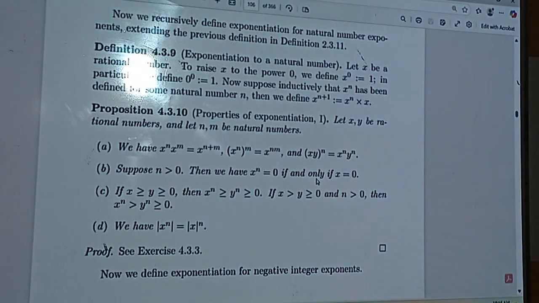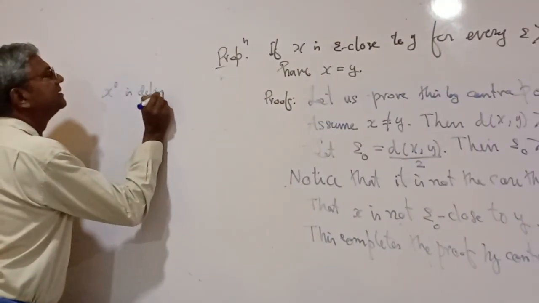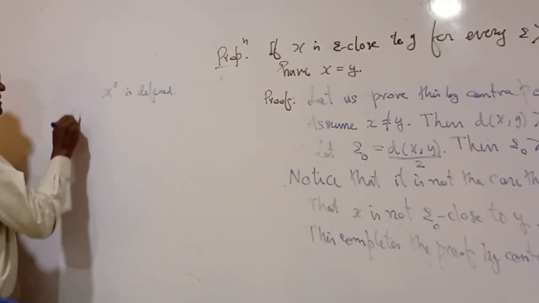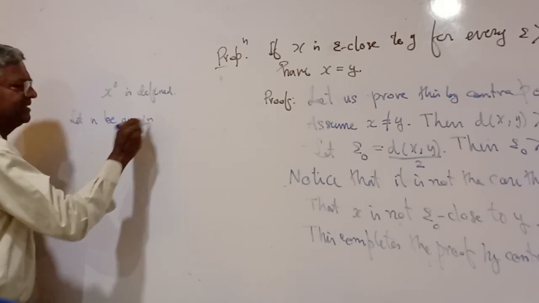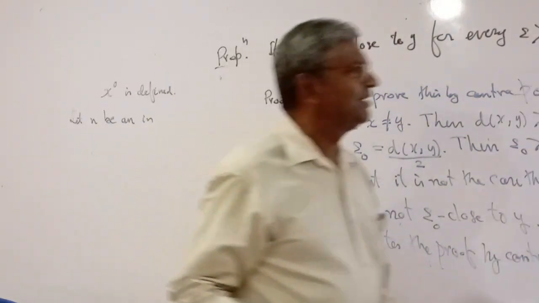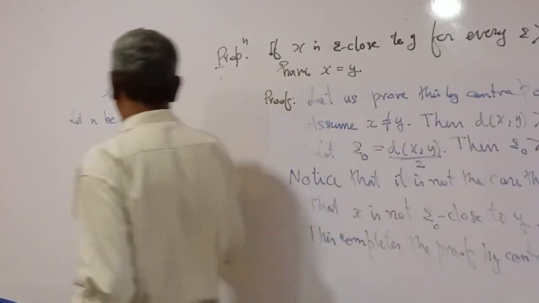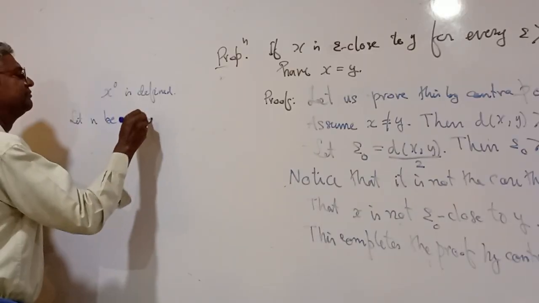Why? Because x to the 0 is defined. Now, let n be a natural number.